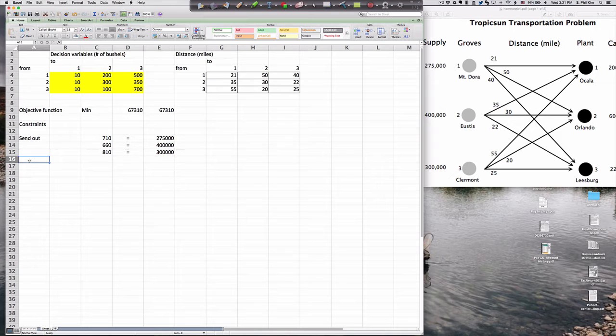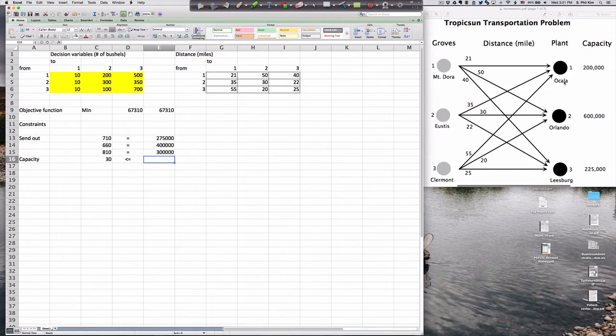And then the capacity constraint. So what does plant 1 receive? How much is going to plant 1? It's this one plus this one: from 2 to 1, plus from 3 to 1, has to be less than or equal to its capacity.